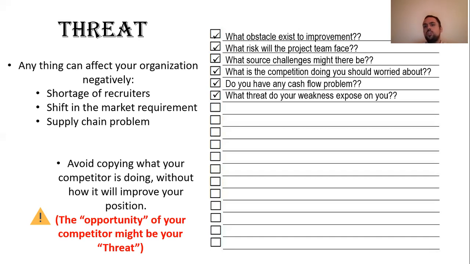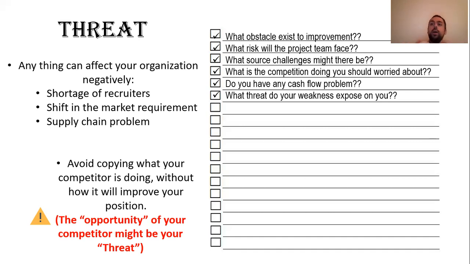What is the competition doing? You should be worried about it. We should avoid which type of competition. They might be a threat for us, so we should avoid it. Is there any problem in cash flow? It's related to your financial issues.